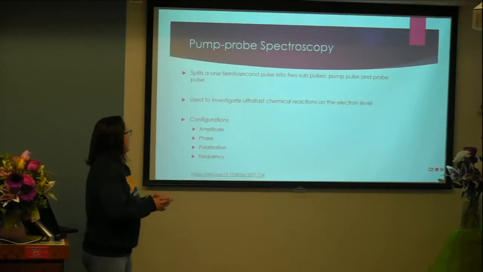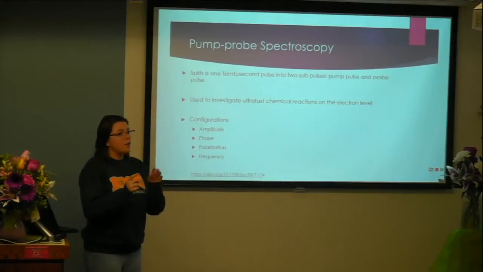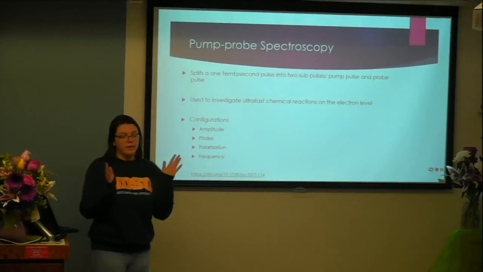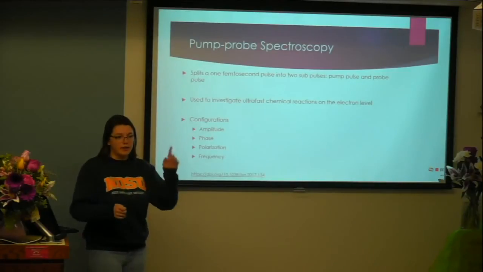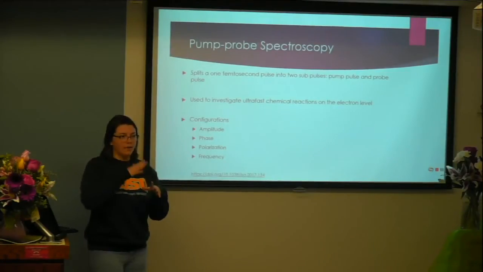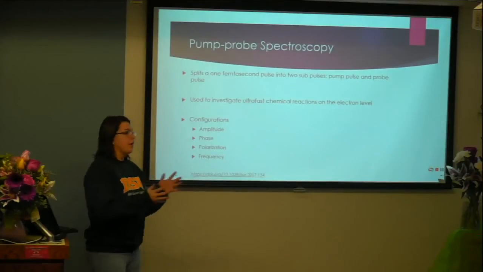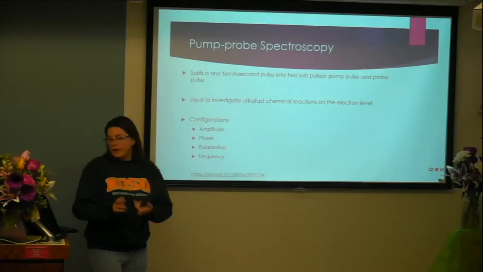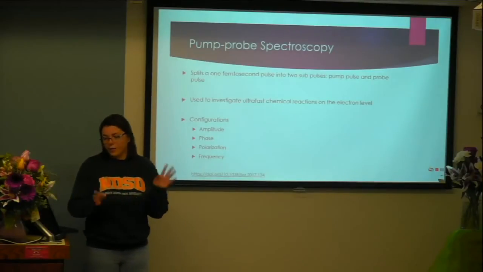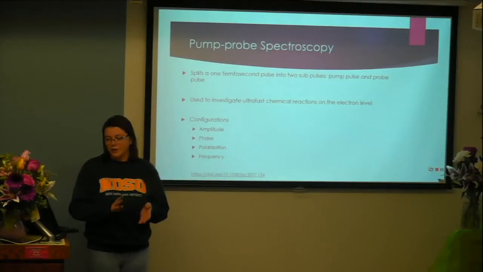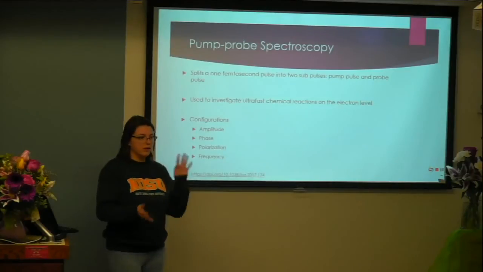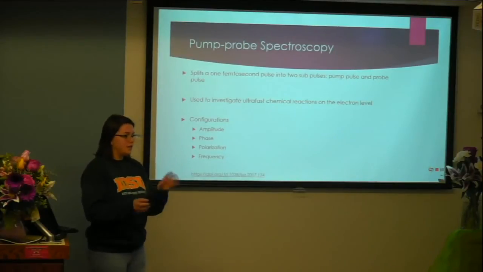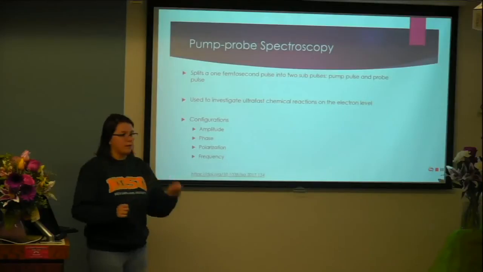The pulse is significantly shorter than the relaxation, so you can excite the electron without having it interfere with the relaxation of the electron. That is also the reason we investigate it. The configurations that you can change are the amplitude, the phase, the polarization, and the frequency. Those are just things you can tweak to make it exactly the way you want to detect it.